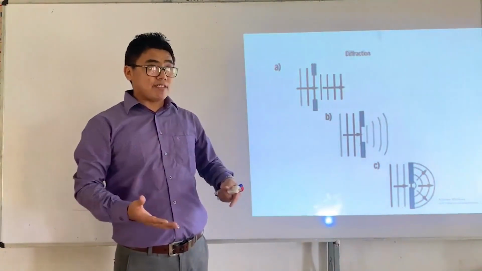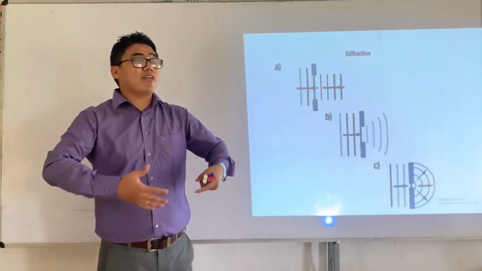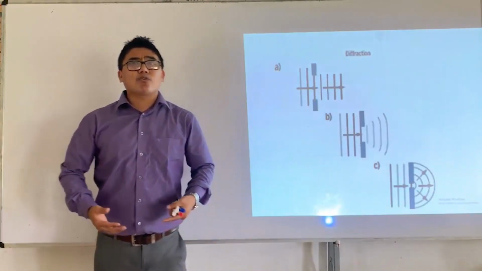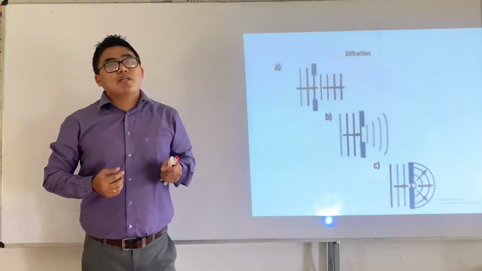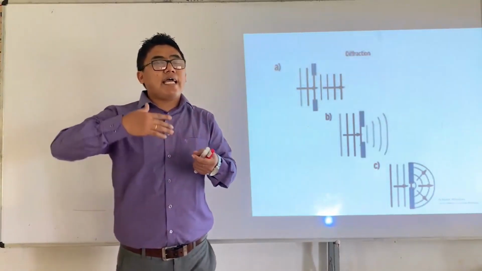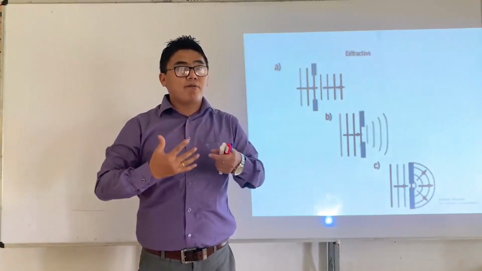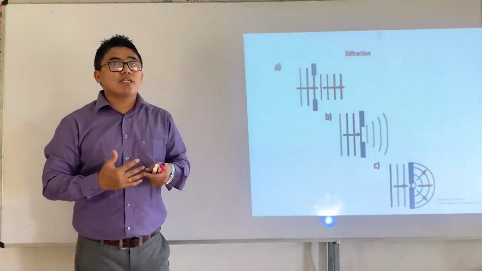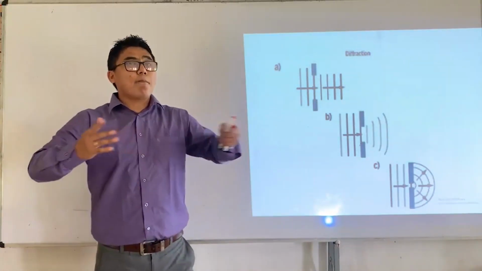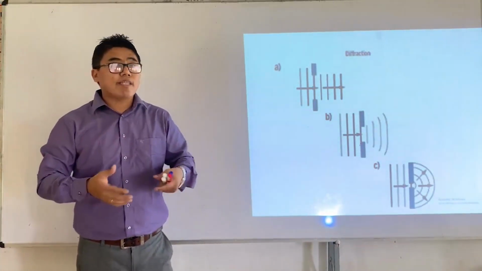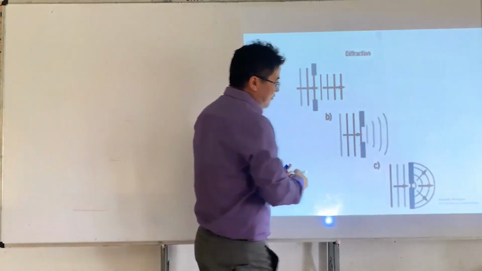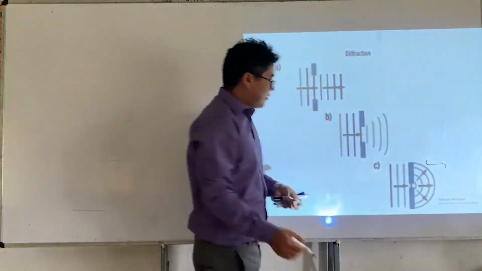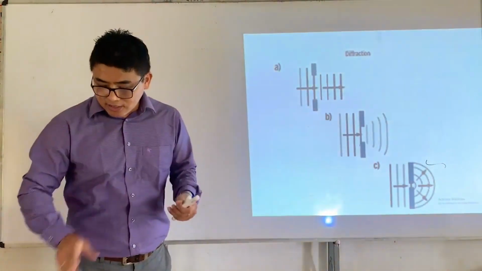Diffraction is much better. Right at the very beginning I told you that when light encounters an obstacle, the size of the obstacle and the wavelength should be comparable. If the size of the obstacle or slit is so big and the wavelength is so small, then we hardly observe diffraction. So the best diffraction we found is in C.